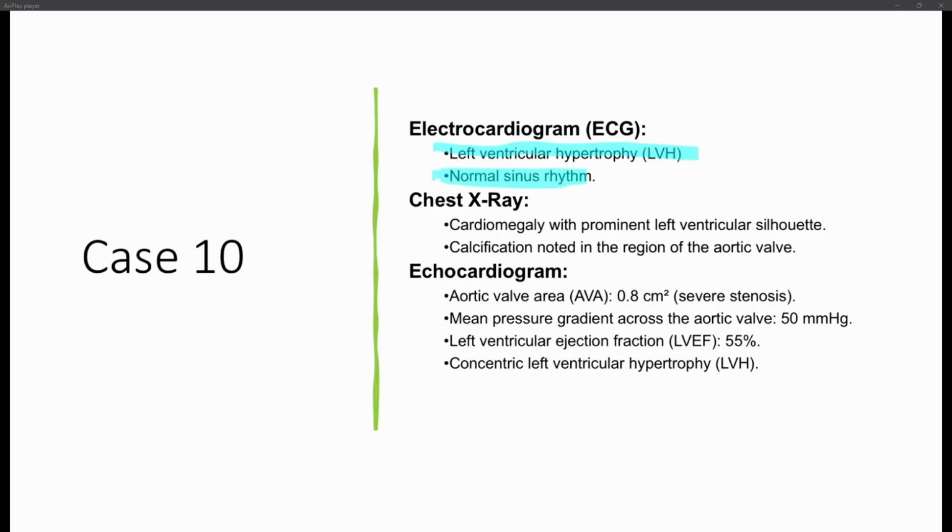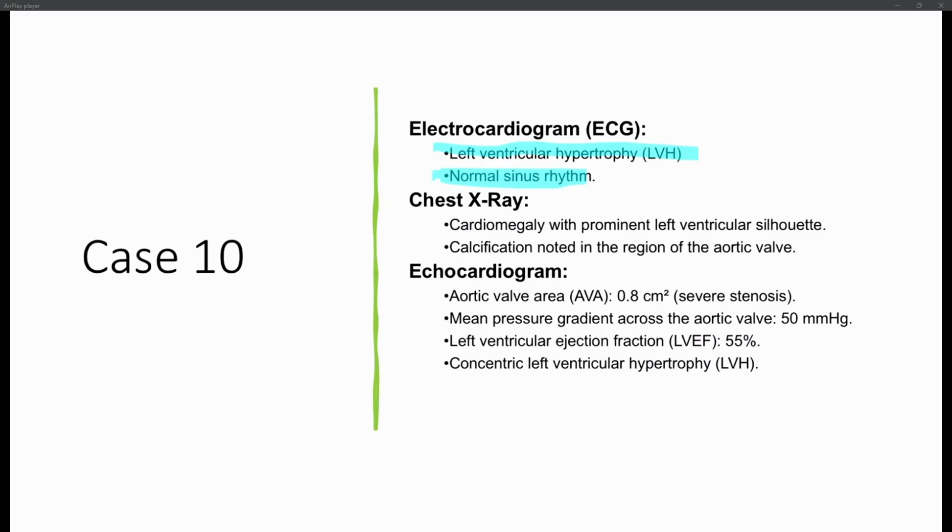If I say something has normal sinus rhythm, where does every single beat originate from? The SA node. So we know if I say it's normal sinus rhythm, we know that the electrical activity of the heart is normal because the EKG is normal.